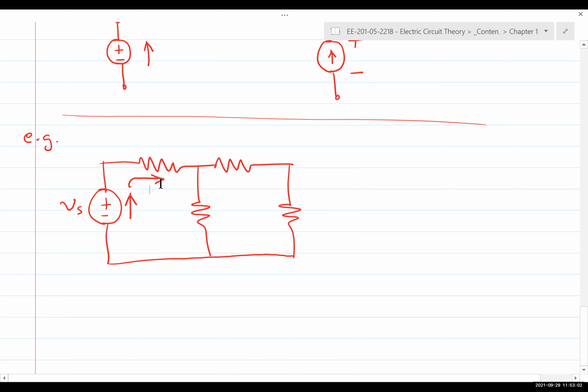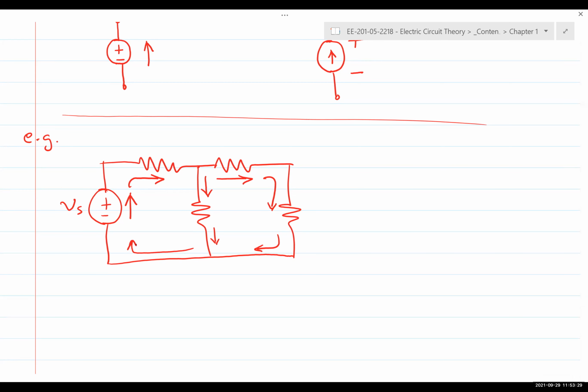Once it goes through the resistor, you hit the node or the junction, and it's going to split. When it splits in two, some of it's going to go down here, some of it's going to go to the right. This is going to follow this pathway right here, join up again, and complete the circle, right?